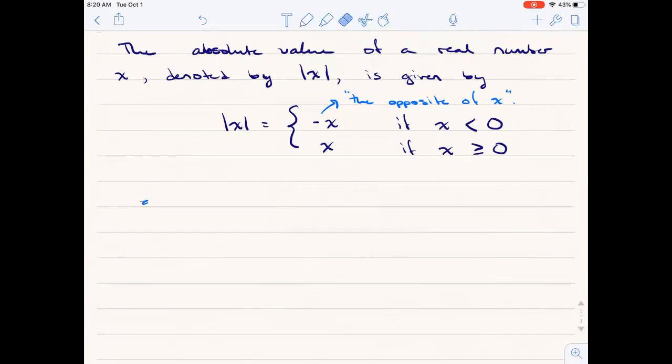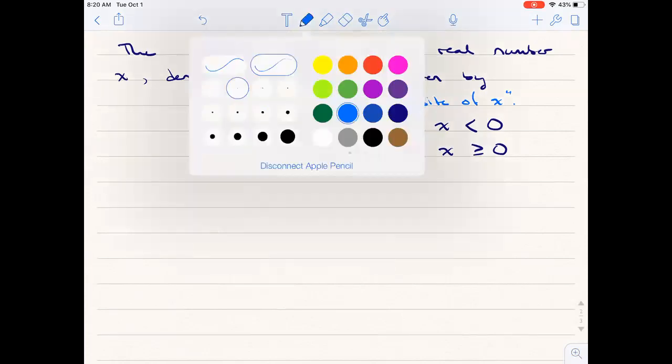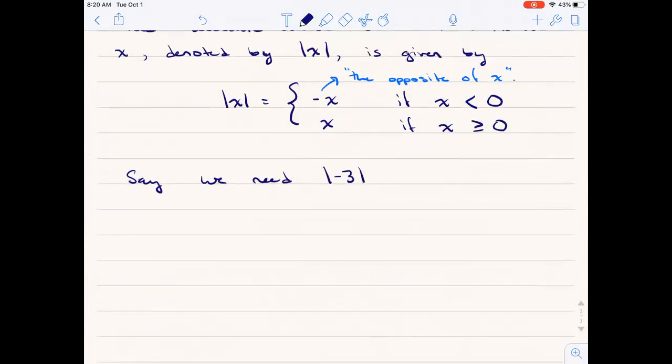Say we need the absolute value of -3. Now we've got -3 inside the absolute value. -3 is less than 0.